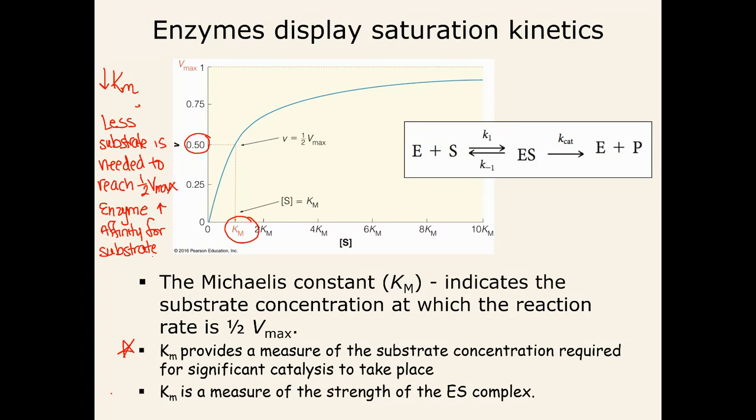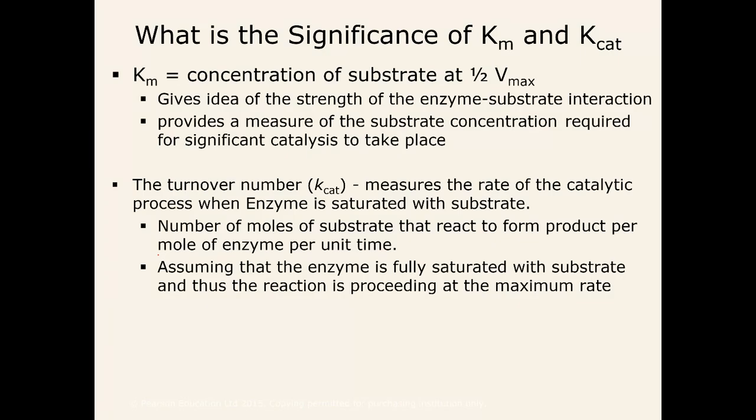If Km is bigger, that means that you need more substrate, and so the enzyme has a lower affinity for the substrate. So Km can be a good measure in comparing an enzyme's affinity for its substrate. Here it is written out.